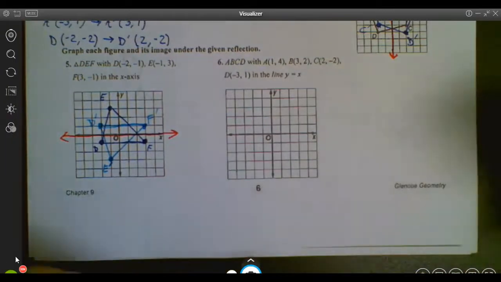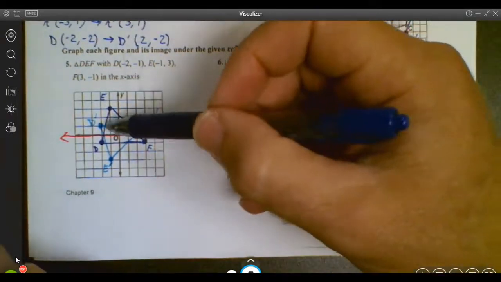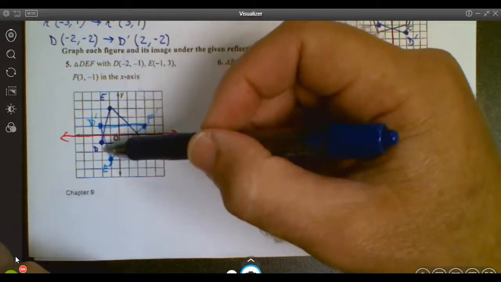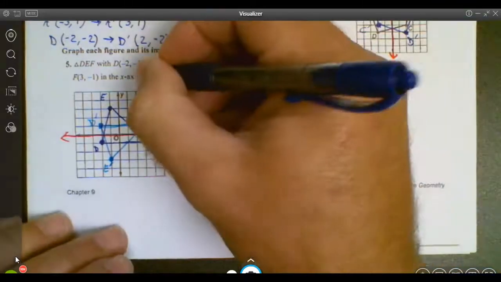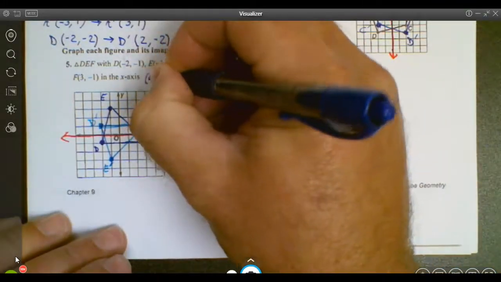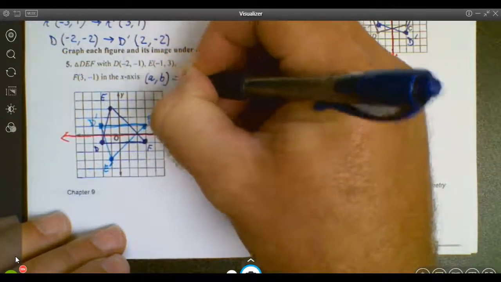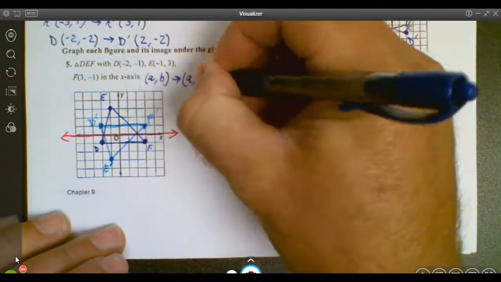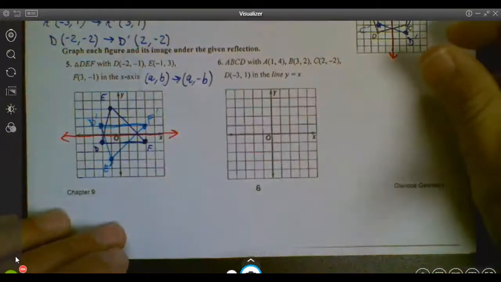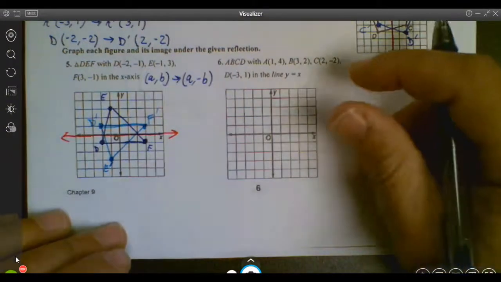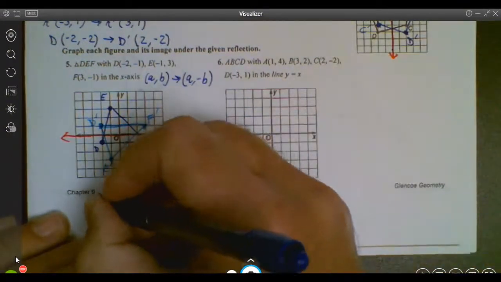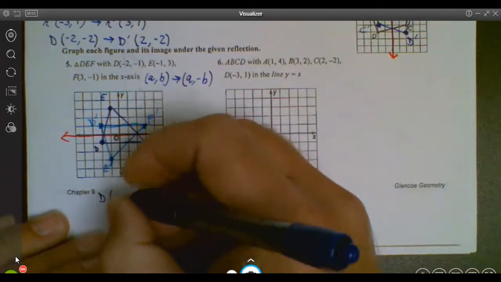So we saw up above that a reflection across the x-axis has points moving up and down, right? So what was (a, b) has now become (a, negative b), right? That's the rule that's been applied here. So let's just look at it with one of the points. D was (-2, -1).